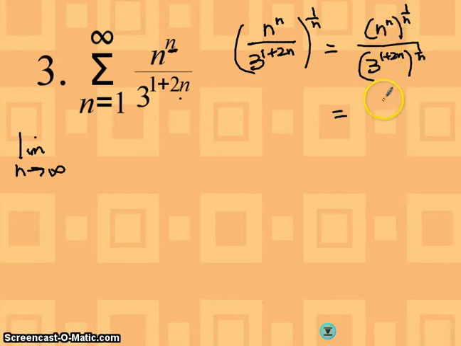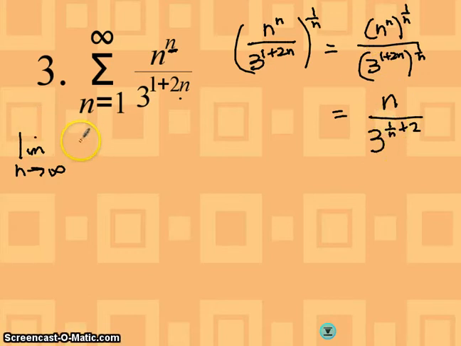So this is really going to become n over n, because n times 1 over n is n over n. And this, we're going to distribute. When we raise a power to a power, we're multiplying this power 1 over n by 1 plus 2n. So look what happens here. This times this is 1 over n, and this becomes plus 2. So there's our simplified version of this when I take the nth root of it.